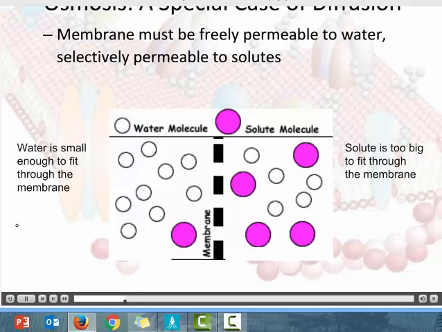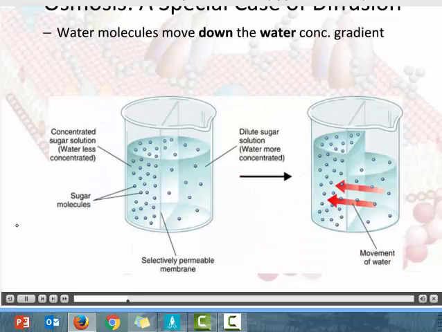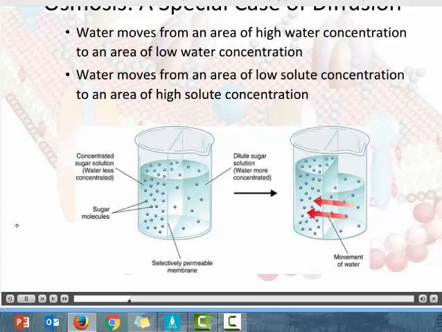So, in the process of osmosis, water molecules are going to move down their concentration gradient, meaning water molecules move from an area of high water concentration to an area of low water concentration.